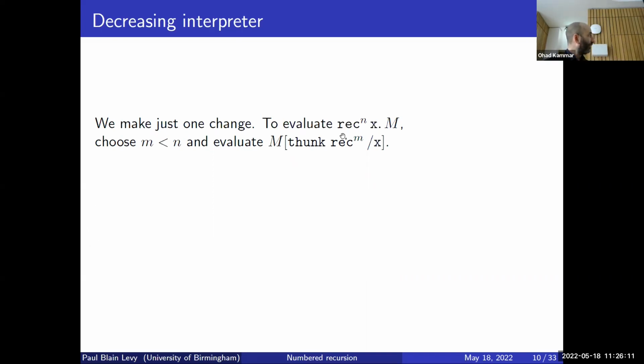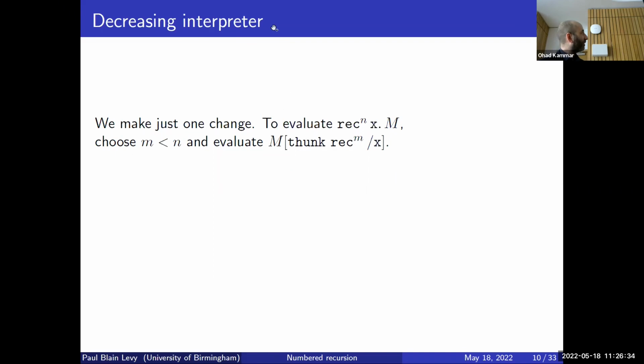The new rule says that when we evaluate rec n x, we don't have this whole case analysis of 0 and successor. We choose a smaller number and evaluate, and ignore the thunk, right? For this part of the talk, the thunk isn't there. And you do the unwinding only with m, so it's getting smaller.